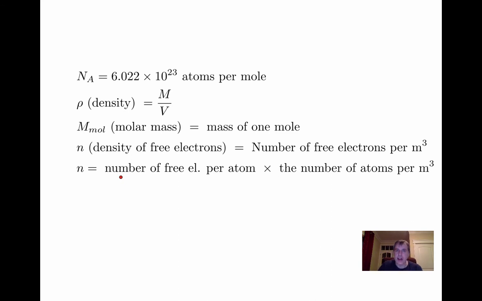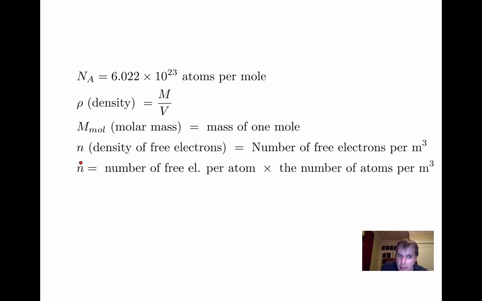So there are several electrons in copper, but there's only one that becomes free for each atom. You have some other materials where each atom might give 2 free electrons or 3 free electrons, but for example, in the case of copper, you have only 1 free electron per atom. So for a given element, you multiply the number of free electrons per atom by the number of atoms per meter cube, and that gives you, of course, the density of free electrons, how many free electrons per meter cube. Okay, we'll do an example in a minute.